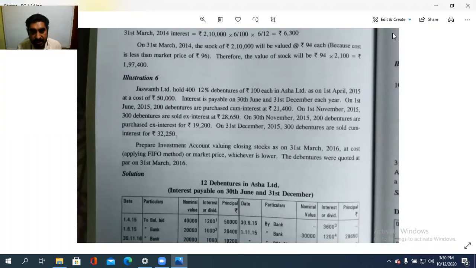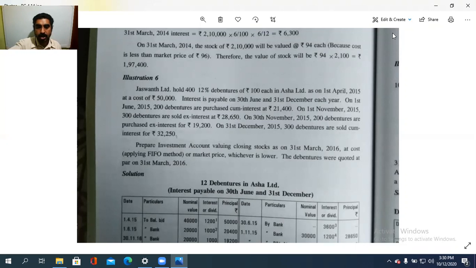Clear? On 30th November 2015, 200 debentures are purchased ex interest for 19,200, and on 31st December 2015, 300 debentures are sold cum interest for 32,250. Prepare investment account valuing the closing stock as on 31st March 2016 at cost, applying the FIFO method or the market price, whichever is lower.